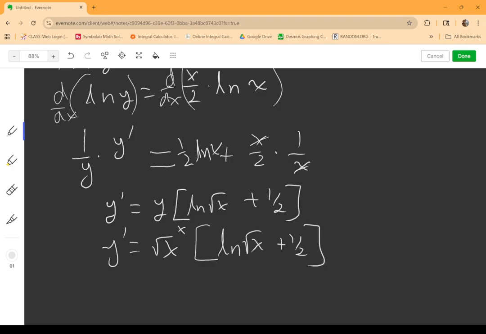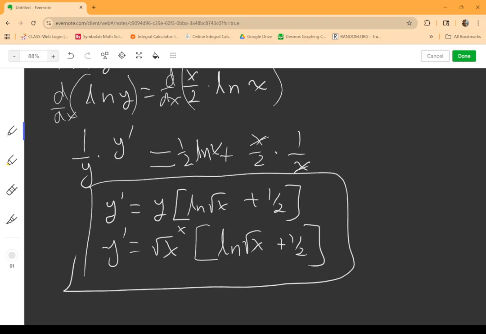Okay, and here either of these I think are valid solutions. Okay, and that is how we use logarithmic differentiation along with the exponential having a function in the base and the exponent.